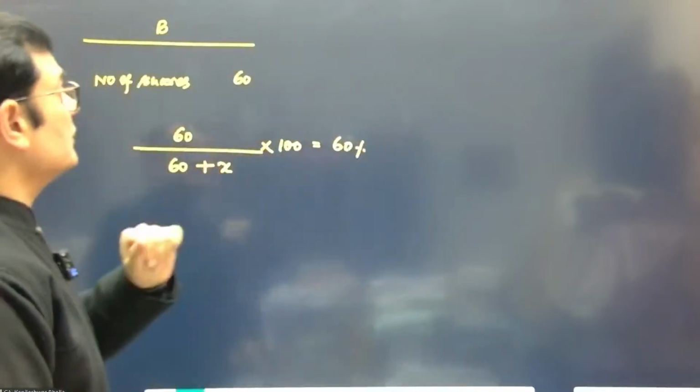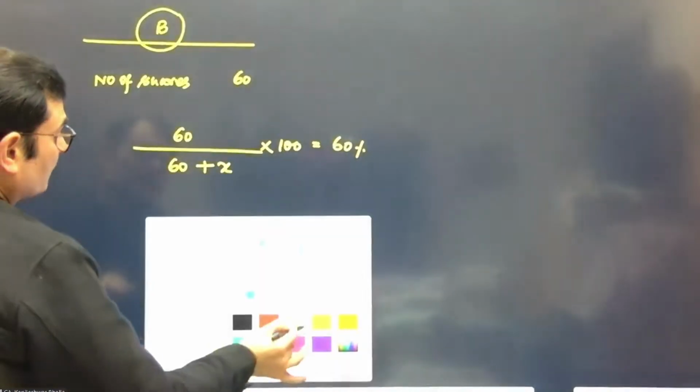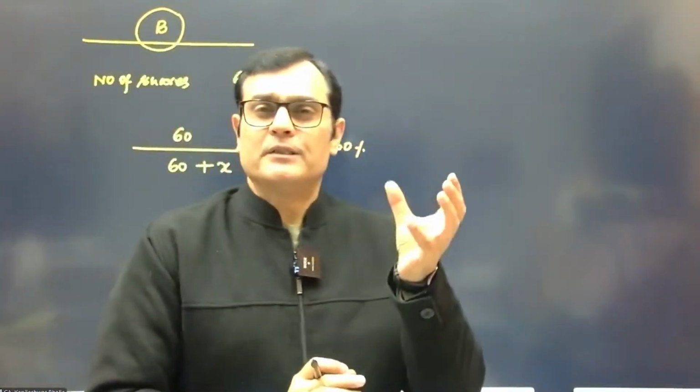We are now looking at things from the point of view of B. So we are saying that if B would have given the shares to the shareholders of A, let's say he would have given X number of shares. The company B has got 60 shares in his own company.